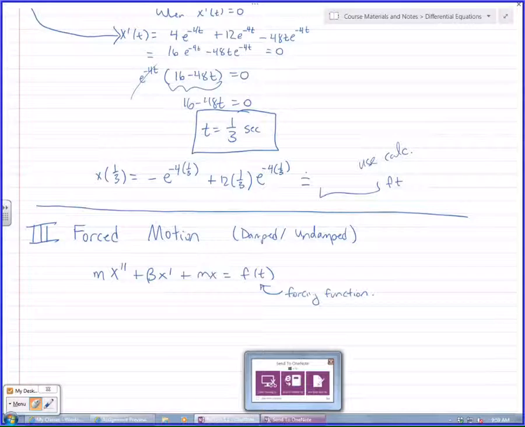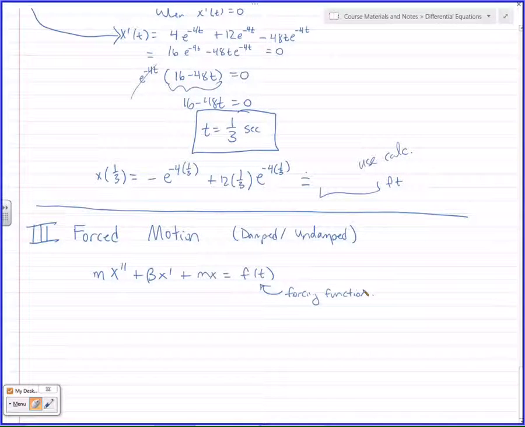That forcing function could be me pushing on it periodically. It could be some kind of oscillator attached to it that forces it to align with itself. So something like a crank or another spring attached to it, or some kind of motion forcing system.